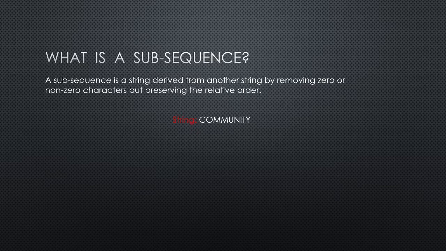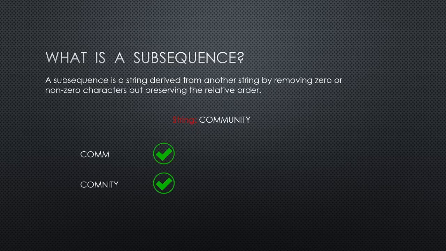By that what I mean is, let's try to understand this with an example. Let's say we have a string community and we are taking out the "unity" part out of it and we are just having com. As we can see here, we are removing some part from the string but we are maintaining the relative order of the characters in com same as community.